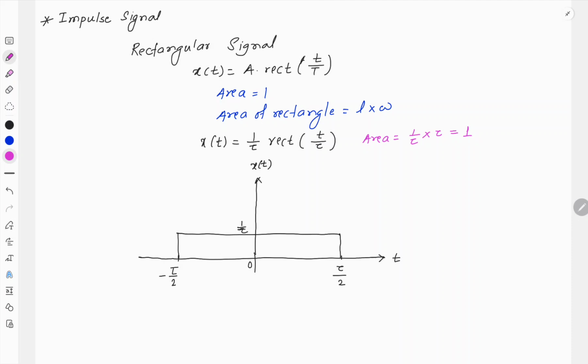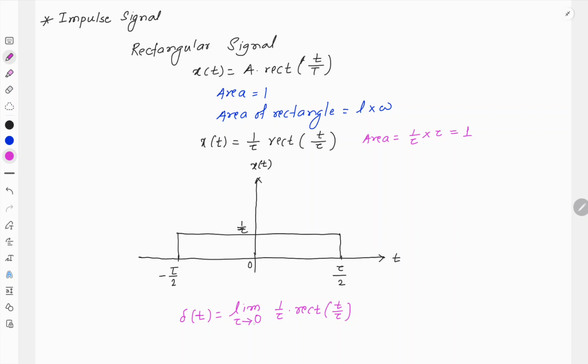So this can be written as our delta function or the impulse function, which is denoted as delta(t), can be derived from this rectangular function by limiting a rectangular signal and making the width of this rectangle equal to 0. Therefore, we need to take this limit as tau tending to 0.